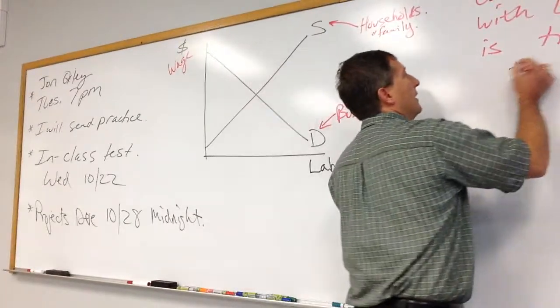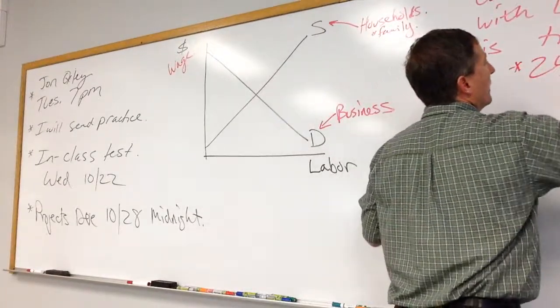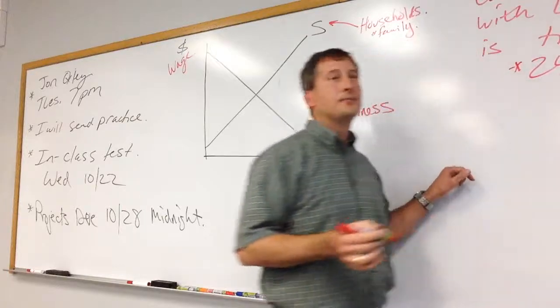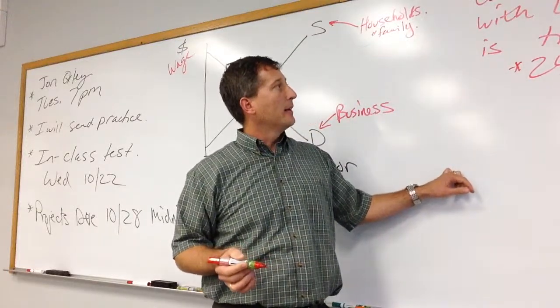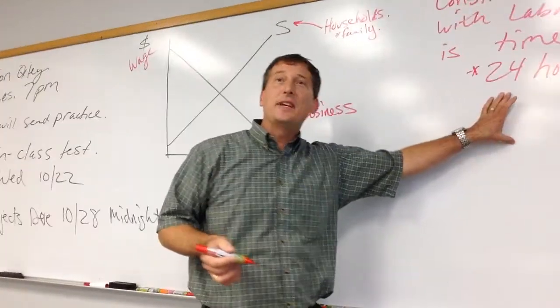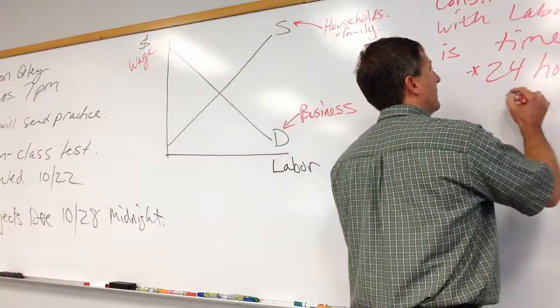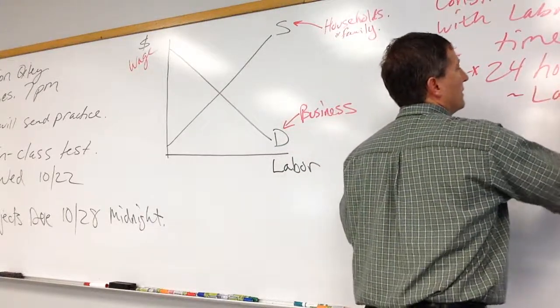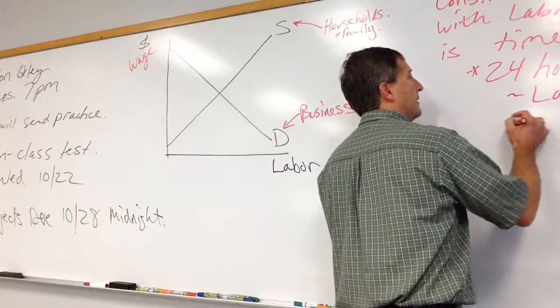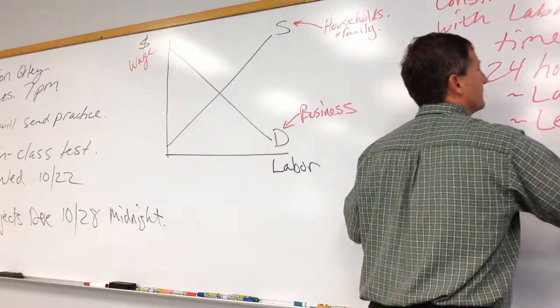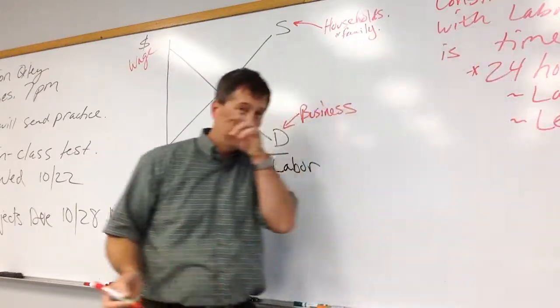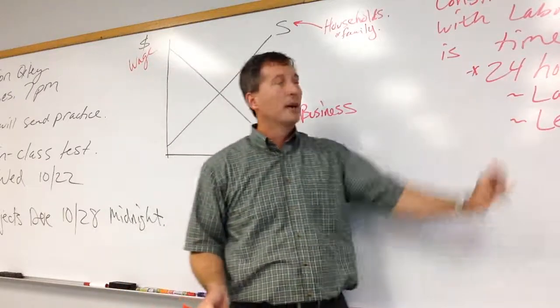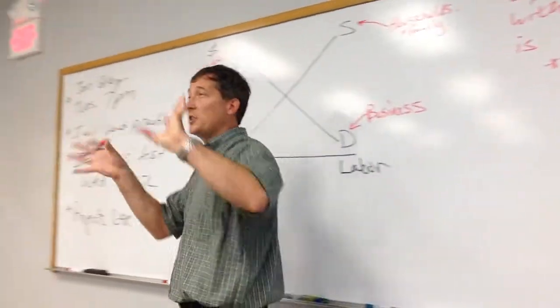So we've got 24 hours in the day, and we're going to divvy that up between labor and leisure. Labor and leisure. So economists look at this as the labor-leisure trade-off.